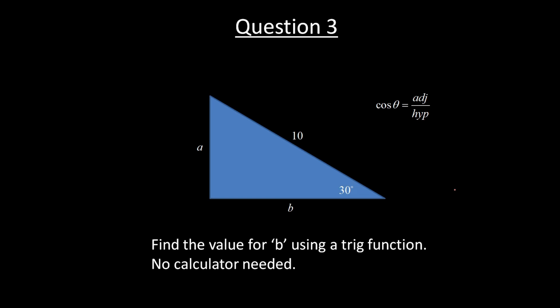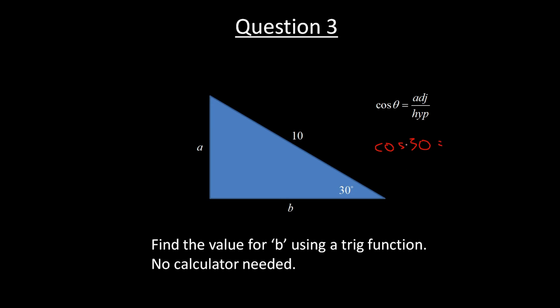Here's question 3. Same deal, no calculator needed. Using the cosine function, what is B? So we have cosine 30.